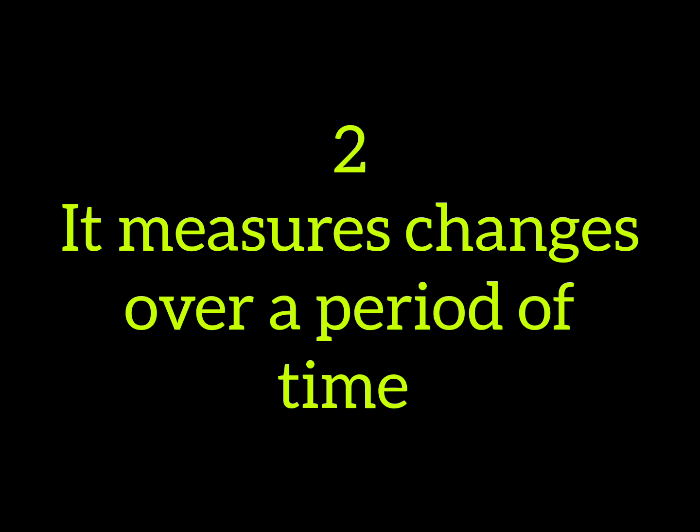Though index numbers can also be used to compare economic variables between different industries, different locations, etc., one of the most popular characteristics or features of index number is that it measures relative changes over a period of time. So now going to the third one.